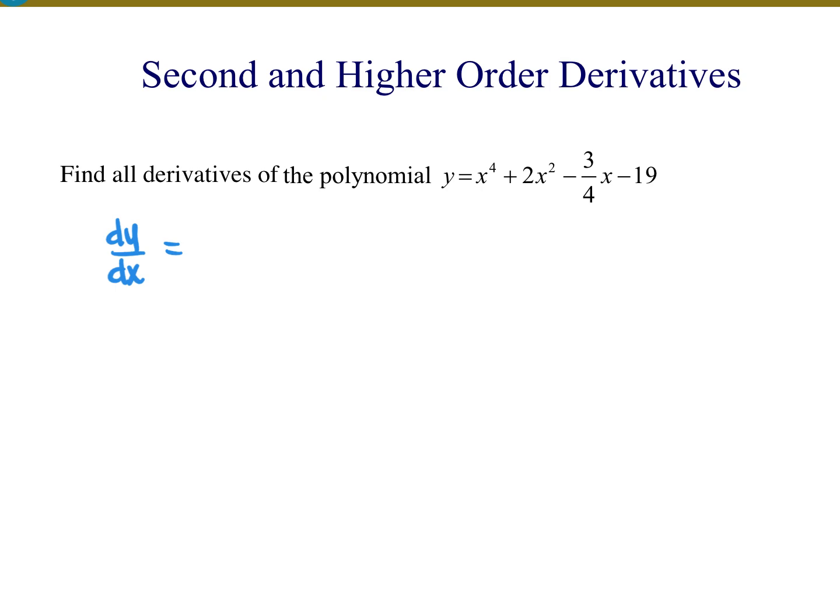Okay, David, can you do the first one? The first derivative of that? 4x to the power of 3 plus 4x. And minus 3 over 4 minus 0. Good. Okay, that's the first derivative.